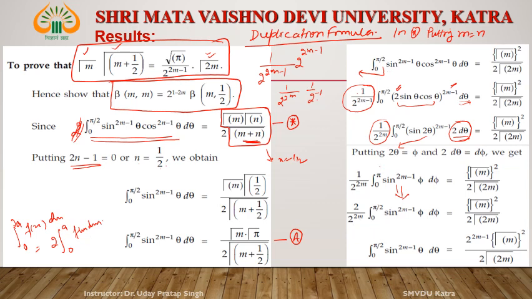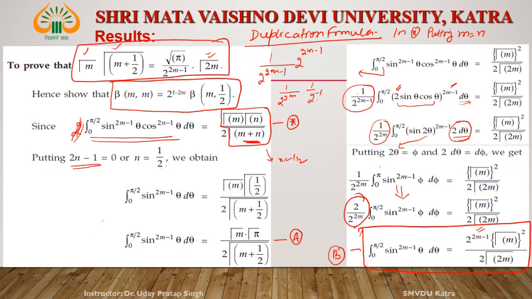Since 2a is pi, a is equal to pi by 2. So the integral from 0 to pi by 2 of sine to the power 2m minus 1 phi d phi is equal to this. Taking this term to the right hand side, that is 2 to the power 2m minus 1 in the denominator, multiply this one and say this result is B. Now see, what are A and B? A and B are equal.